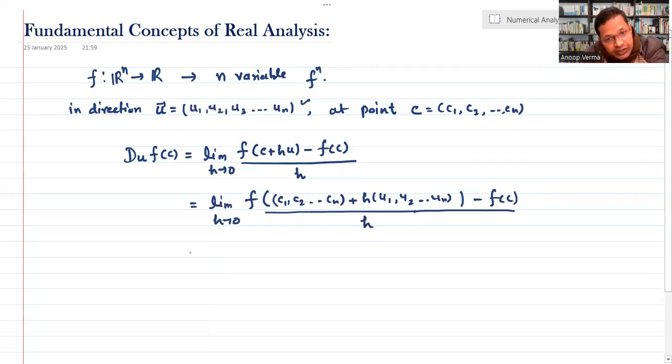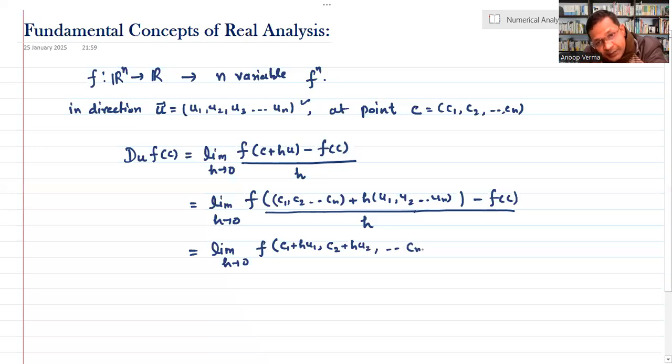Or, limit h tending to 0 of f(c1 plus h times u1, c2 plus h times u2, up to cn plus h times un) minus f(c).